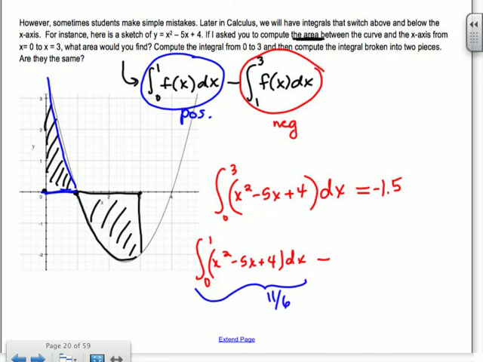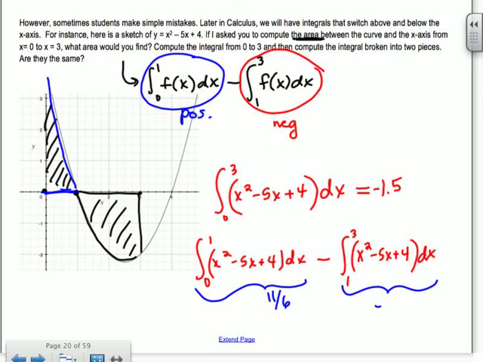And then do second enter. You might have to do it a couple times if you change that to a fraction. And now go from 1 to 3. And this one you get negative 10/3.